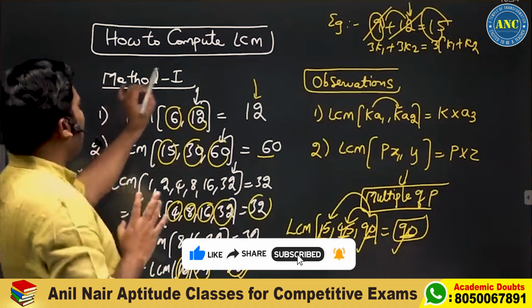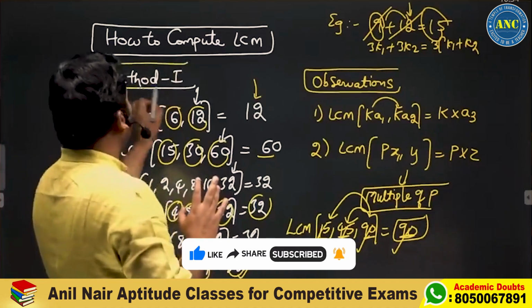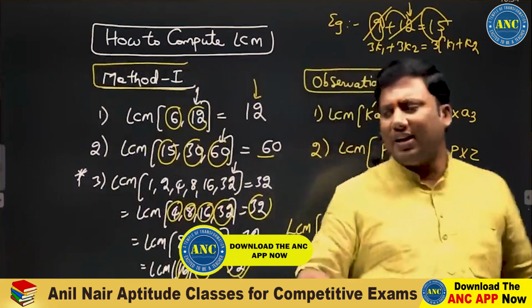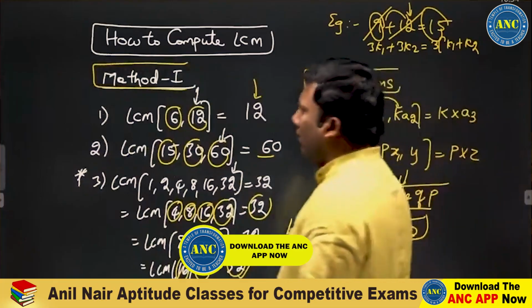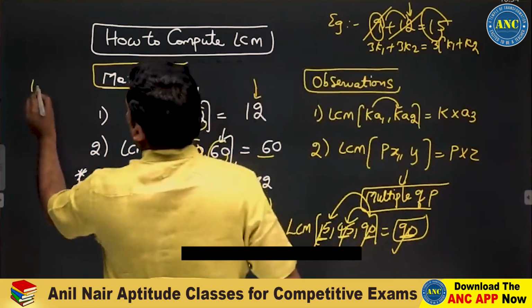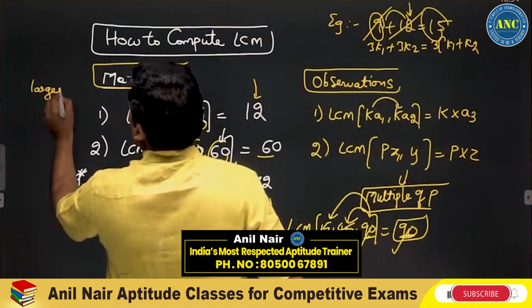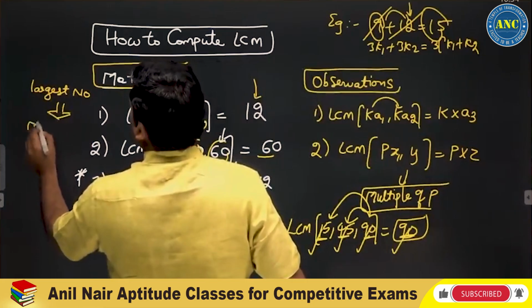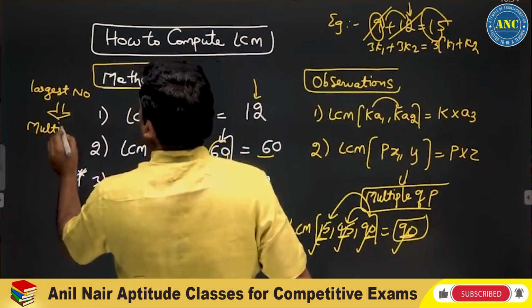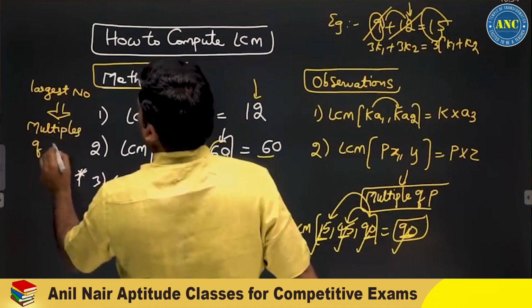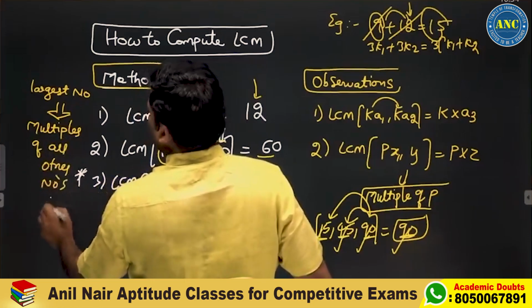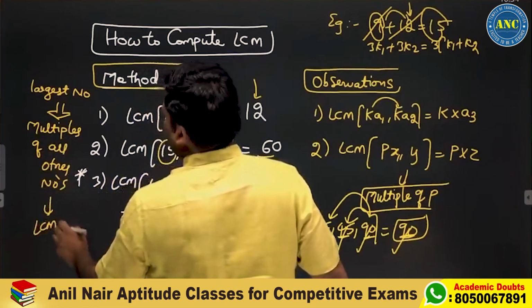Method number 1, the introductory method: the simple case where the largest number is divisible by every other number. If the largest number is a multiple of all the other numbers, then the LCM will be the largest number.